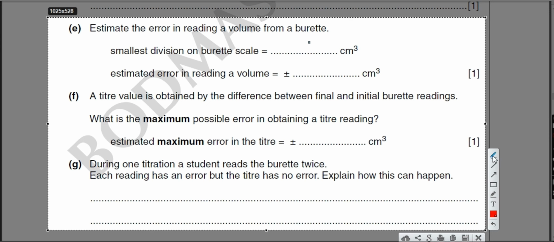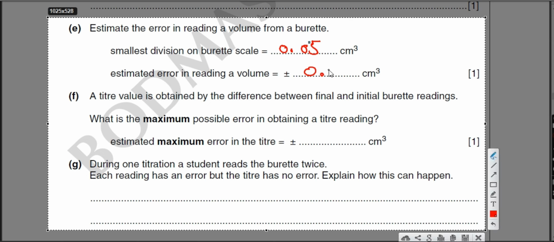He says 0.05 is the smallest division on the burette. You can easily measure this volume. Then he said estimated error. This is the estimated error.